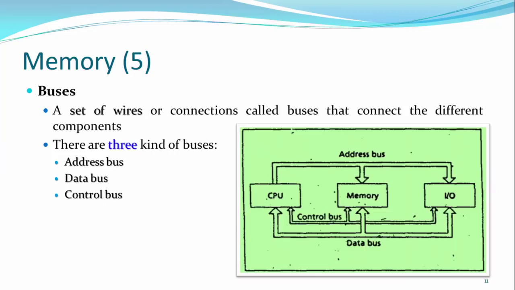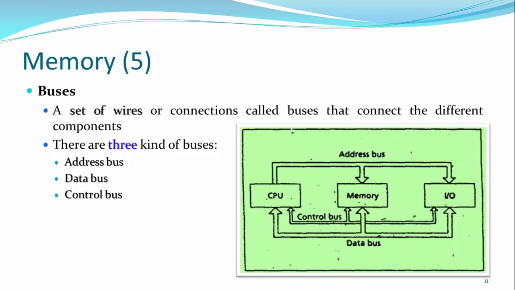For example, when the CPU is trying to access some data from the memory, the control bus will check whether the address bus is free or not.